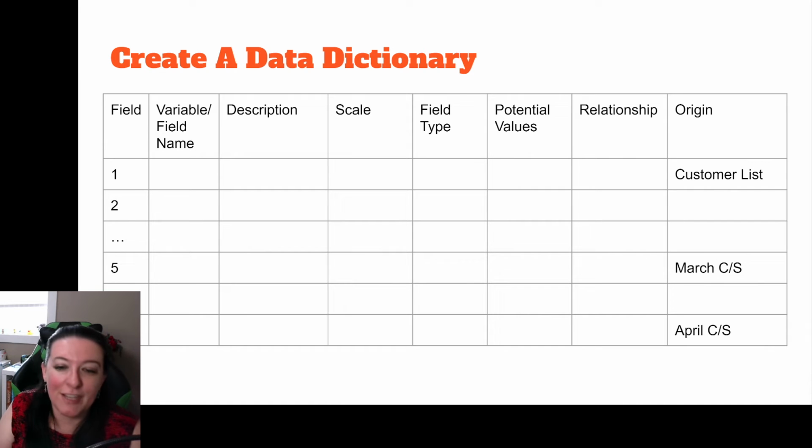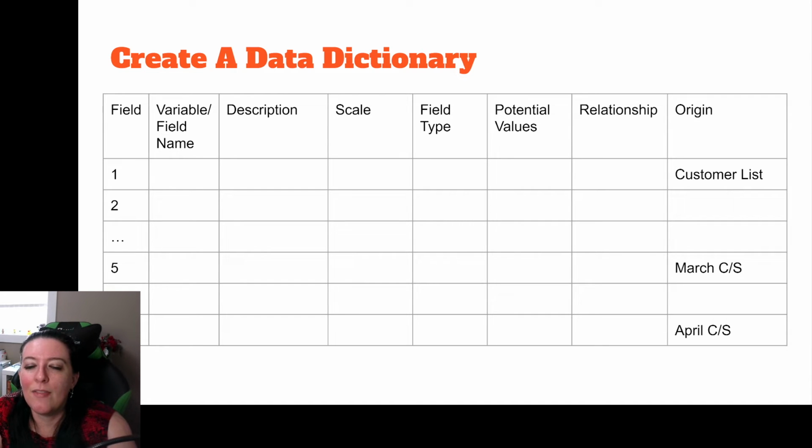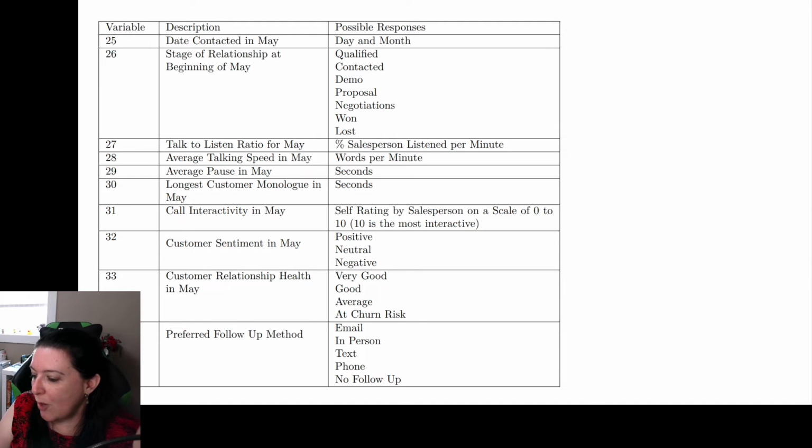Here we have field, because it's a database, as opposed to our survey with different questions or variables. And then we have a description of each field, measurement scale, and field type to help us in terms of our analysis. Potential values: in our customer relationship management system, there are drop-down menus. And so we want to identify when there's a drop-down menu.